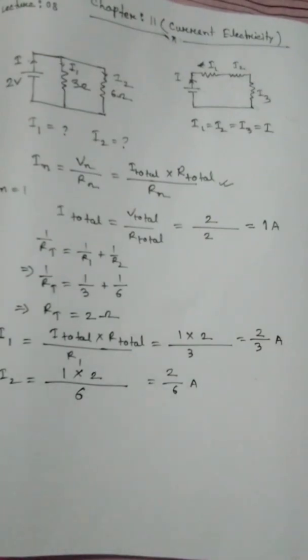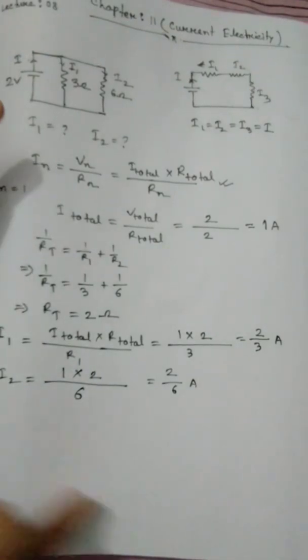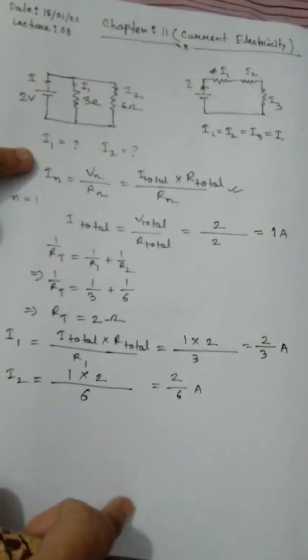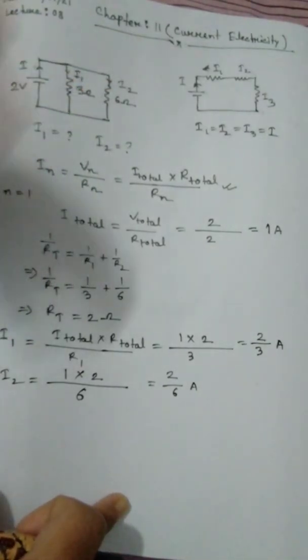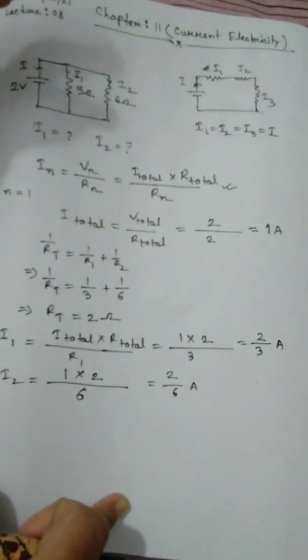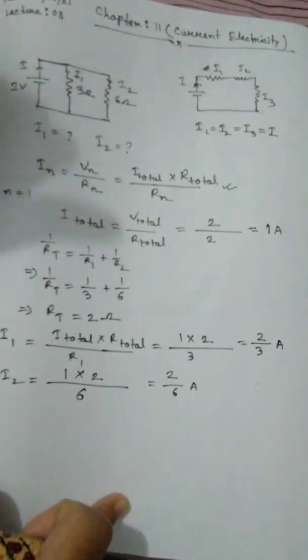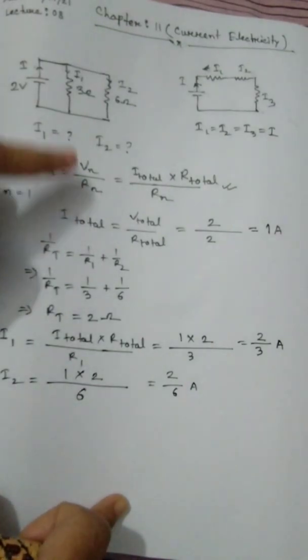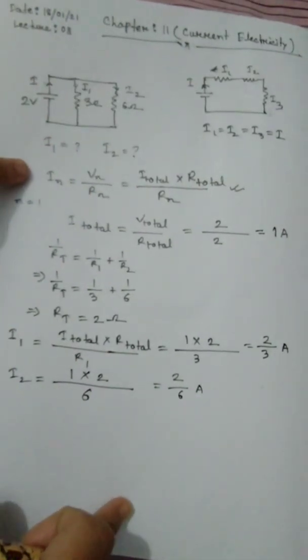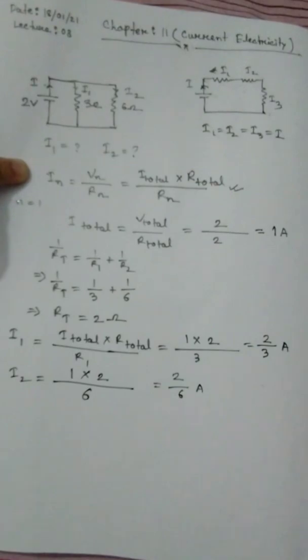So in this way we can determine the current for any branch of resistors that are connected in parallel. We can apply this equation only for resistors connected in parallel. Whether 2, 3, 4, or 5 resistors are connected, that is not a headache. We can calculate the current for any branch just by applying this law or equation.